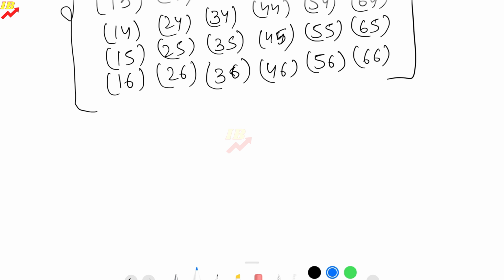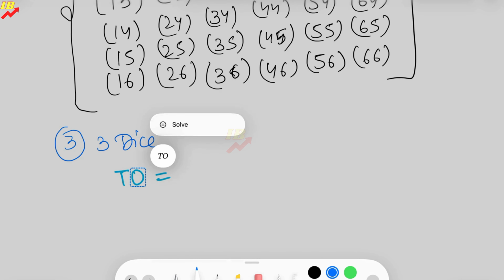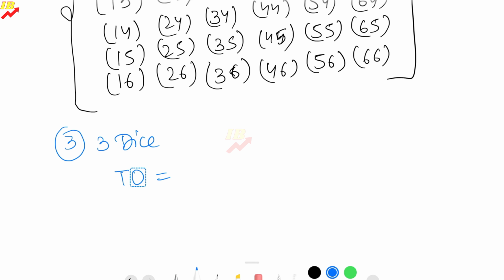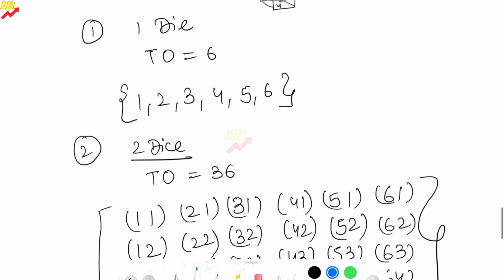And if I'm throwing 3 dice, right? So I'm just writing total outcomes, which is 216 in number.